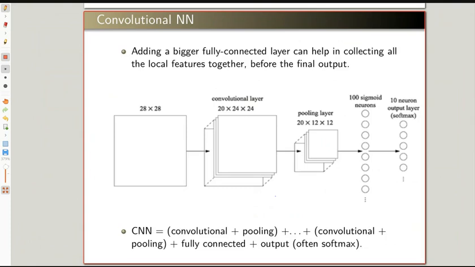At the end, after several conv plus pooling layers, not only these 2 layers, in the last layer, I will have summarized the information of the image.